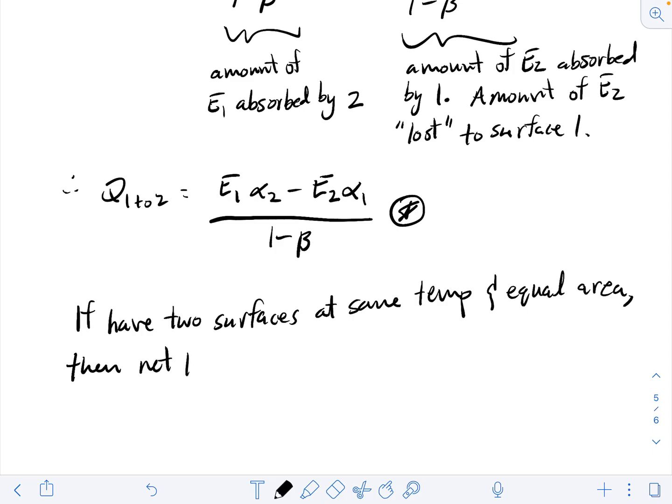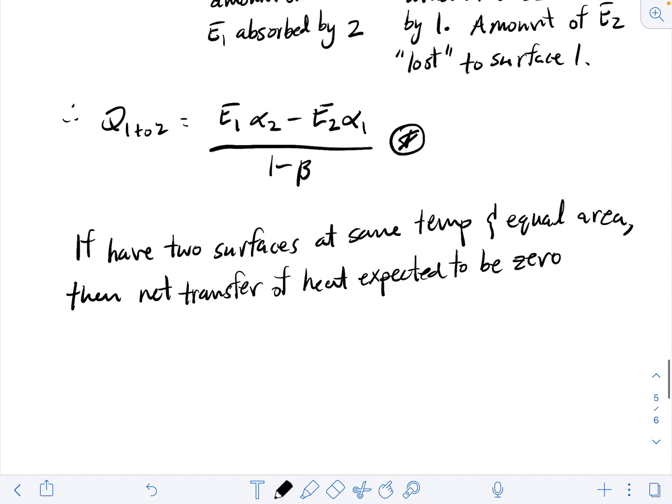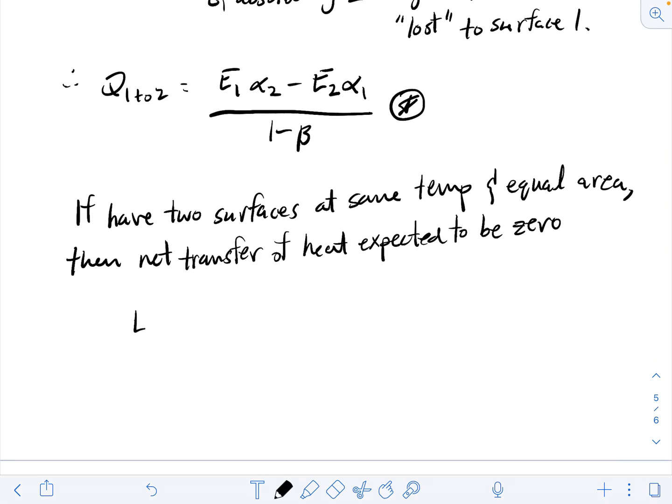So if we have these conditions, then the net transfer of heat or of energy is expected or required to be 0.